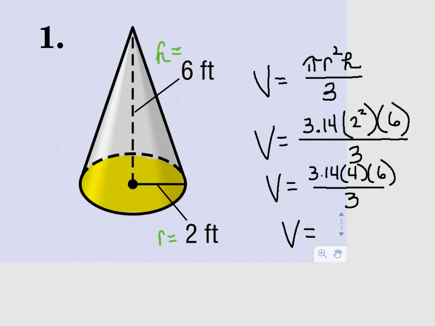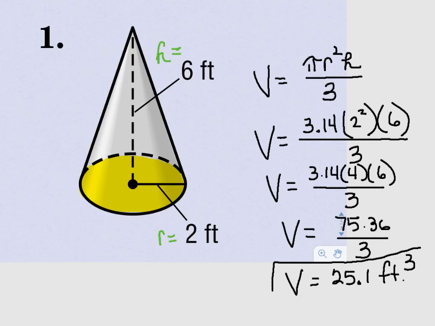Volume equals, you will multiply 3.14 times 4 times 6 and get 75.36 divided by 3. Now let's divide by 3. So the volume of this cone, rounded to the tenths place, would be 25.1 feet cubed. And that would be the answer.